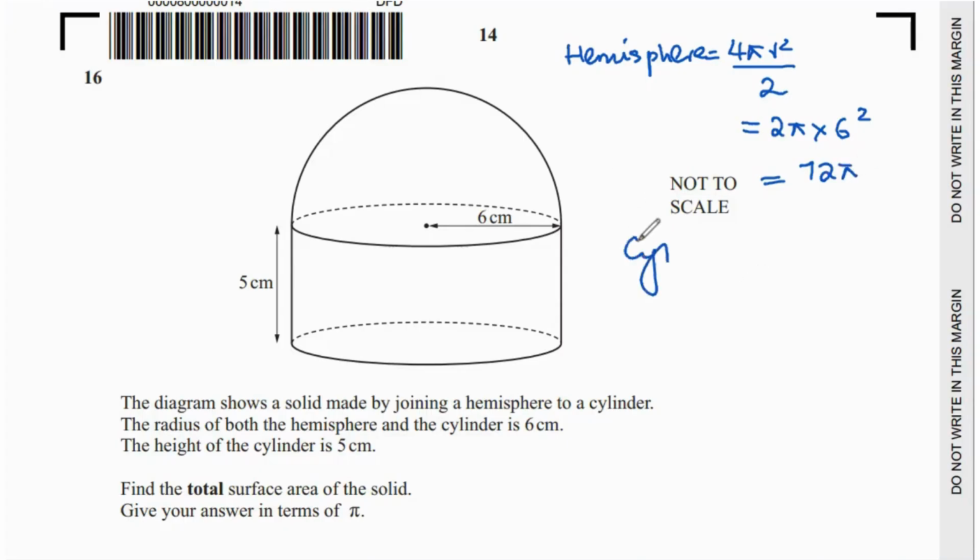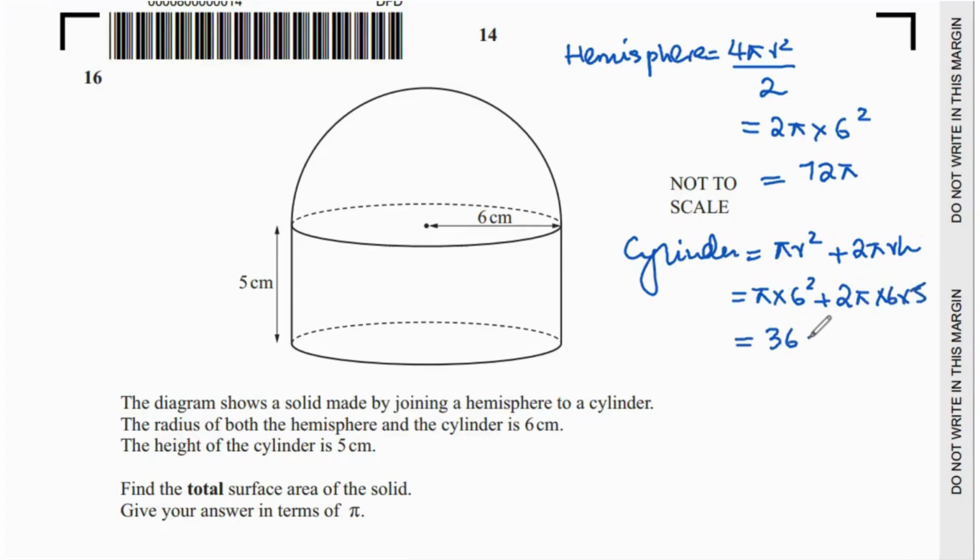Then for the cylinder, it's going to be pi r square because we have one base area now, plus 2 pi r h. 2 pi r h is the curved surface area. So pi times 6 squared plus 2 pi times 6 times 5.